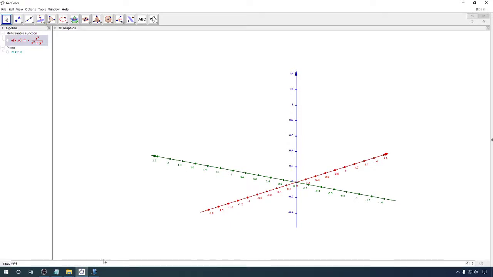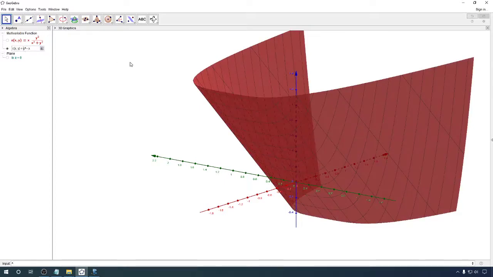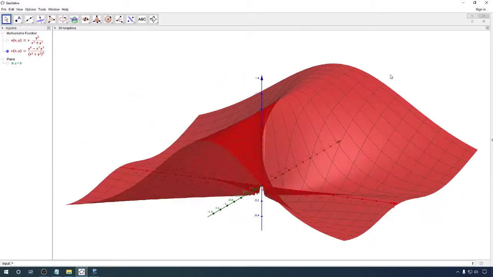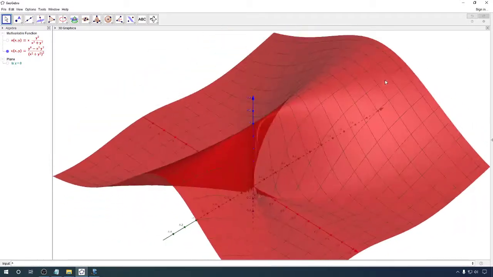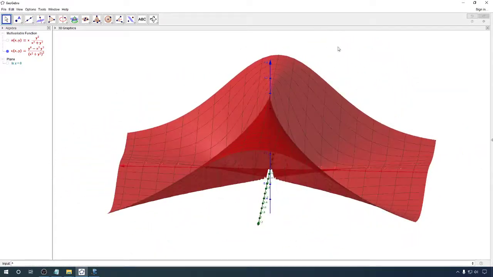So we have y to the fourth minus x squared y squared, and then we're dividing by x squared plus y squared, but that's squared as well. And we get this surface here, which is definitely not continuous at the origin.